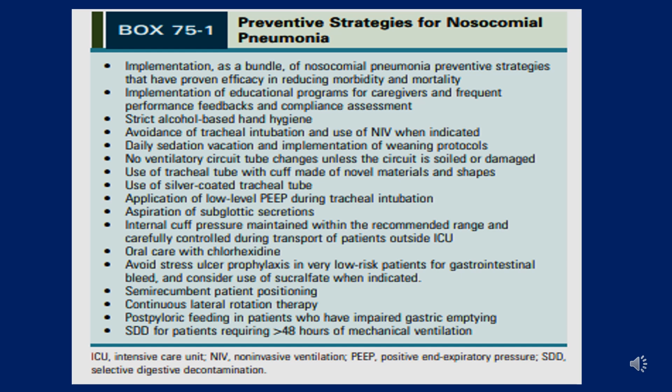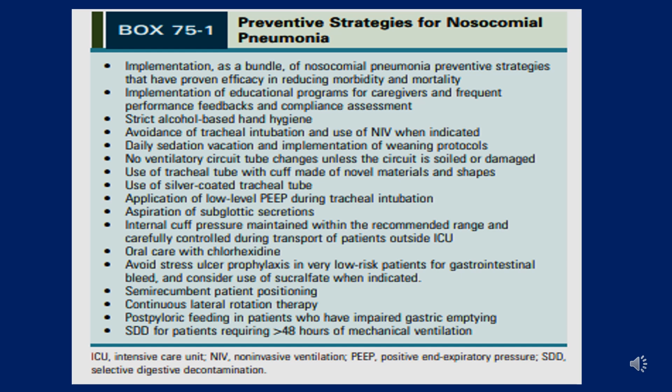They include the following. 1. Implementation, as a bundle, of nosocomial pneumonia preventive strategies that have proven efficacy in reducing morbidity and mortality. 2. Implementation of educational programs for caregivers and frequent performance feedbacks and compliance assessment. 3. Strict alcohol-based hand hygiene. 4.